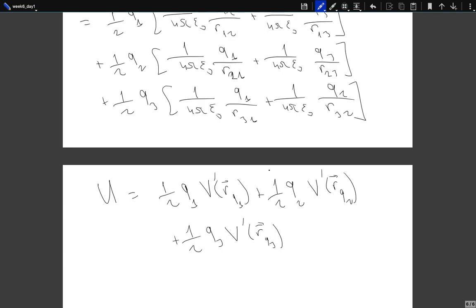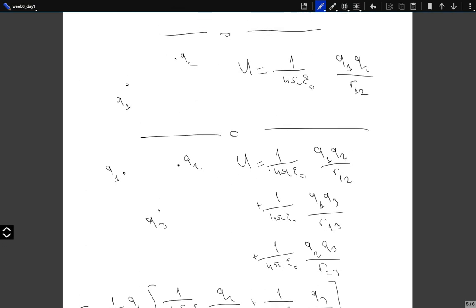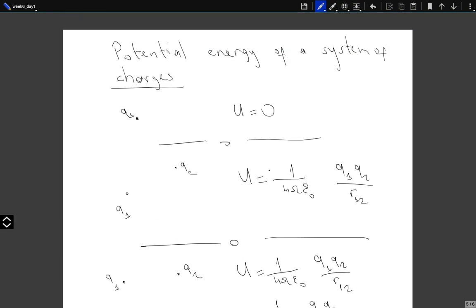In a sense, when we have these 2 point charges, we are assigning half of that potential energy to charge Q1 and the other half to charge Q2, and we are just summing all the potential energies. That's why we have that 1/2.